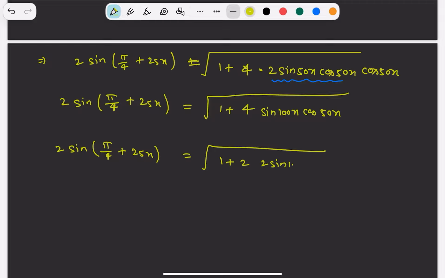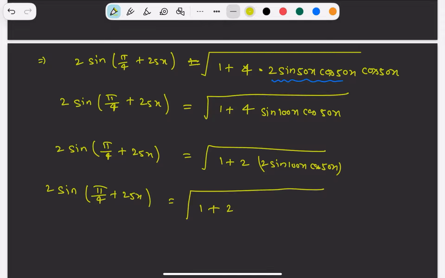How much are you going to get now? I can use the 2 sin A cos B formula here. 2 sin of pi by 4 plus 25x equal to 1 plus 2, and this will become, 2 sin A cos B is equal to sin A plus B. So I can write here 100x plus 50x, this will be 150x, sin A plus B, plus how much are you going to get now?